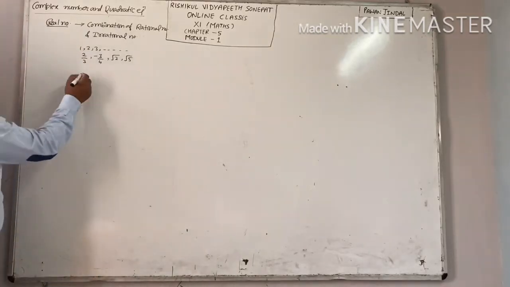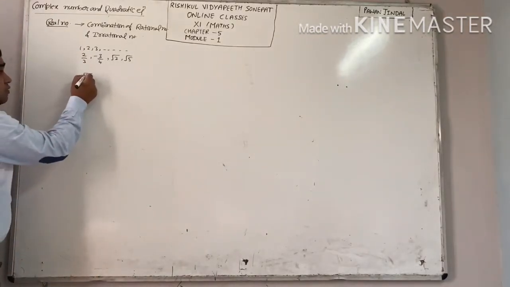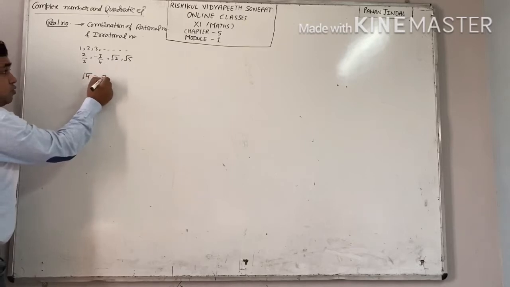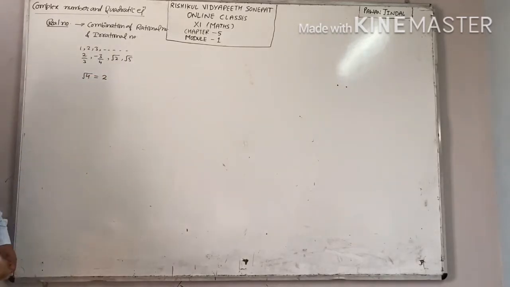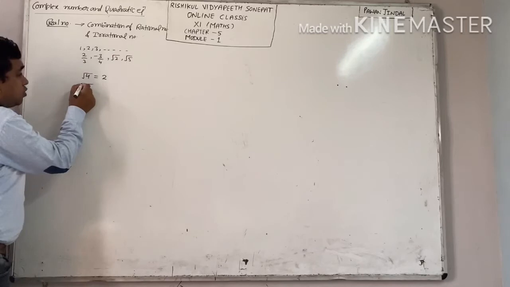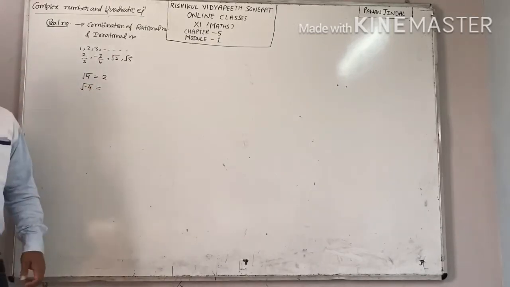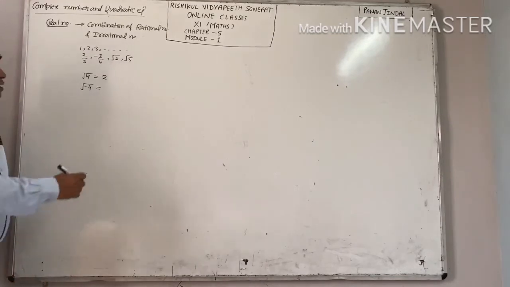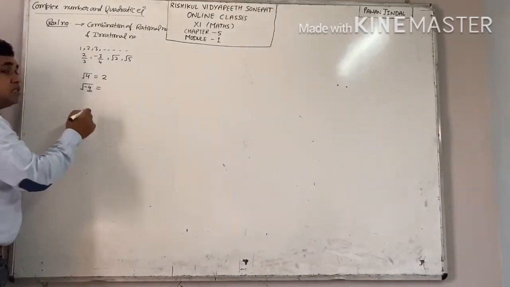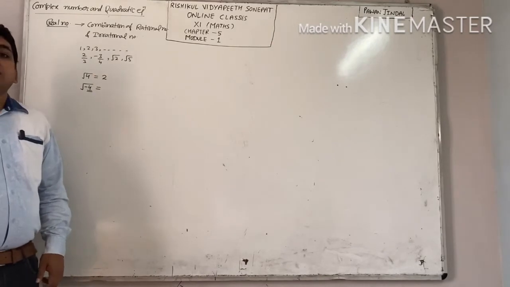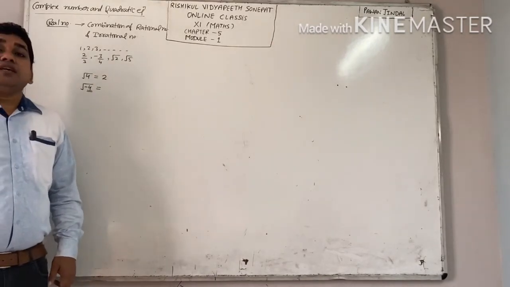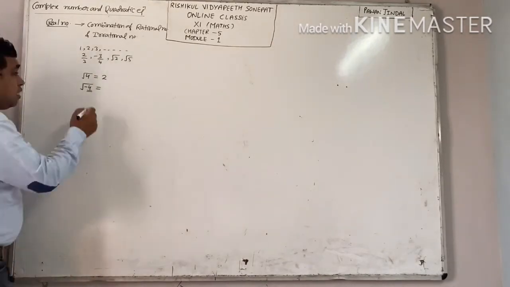Now students, you can easily find out the value of root 4. Value of root 4 is 2. But when we talk about root minus 4, we don't know its value because square root of negative number is not possible.